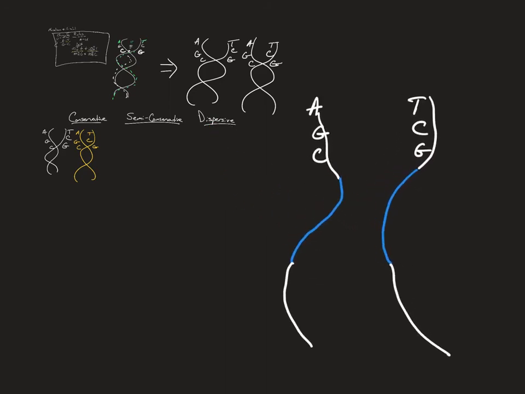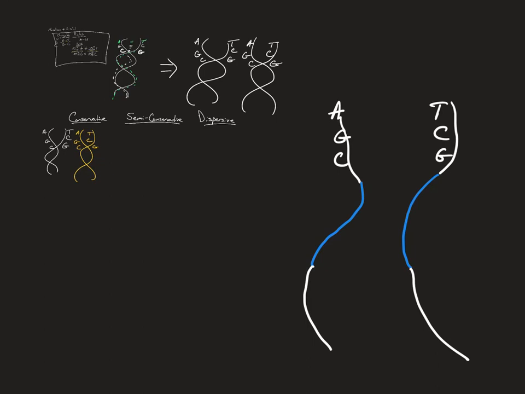So, by the way, I didn't finish this. I should have finished. So what you'd have is something like this. We'd have new and old. And you'd have T, C, G. And of course, the other would do the same thing, correct? You'd have new and old.